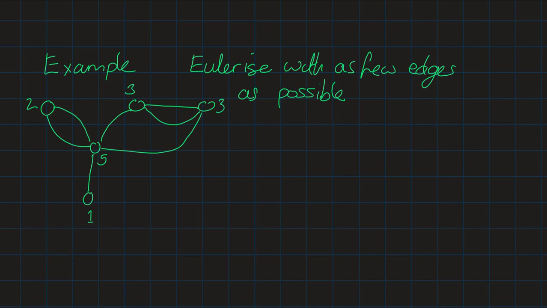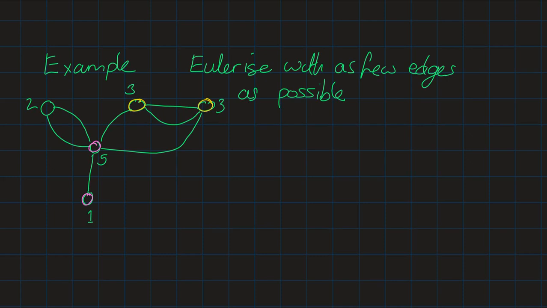So I have a bunch of odd degree vertices. All of these are odd degree. So that means I want to pair them up. So I'm going to pair up this vertex with this vertex, and I'm going to pair up this vertex with this vertex.